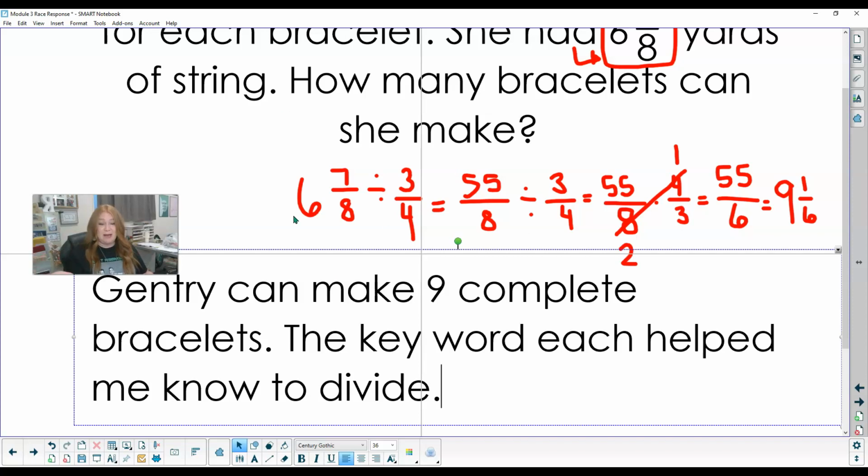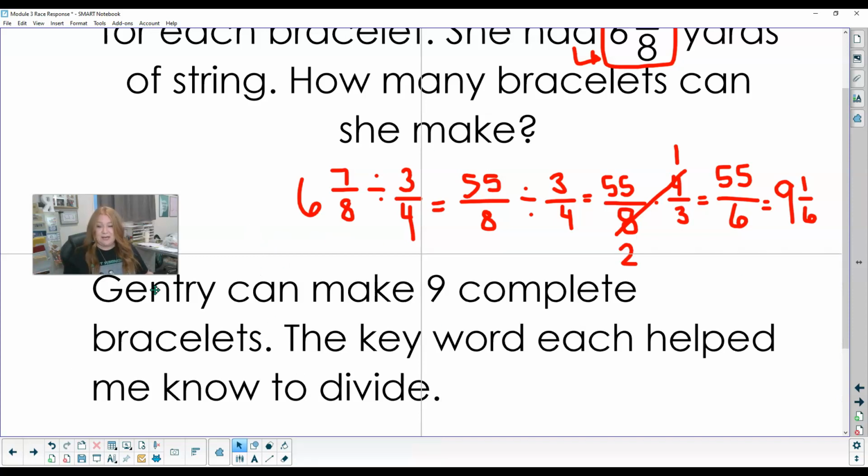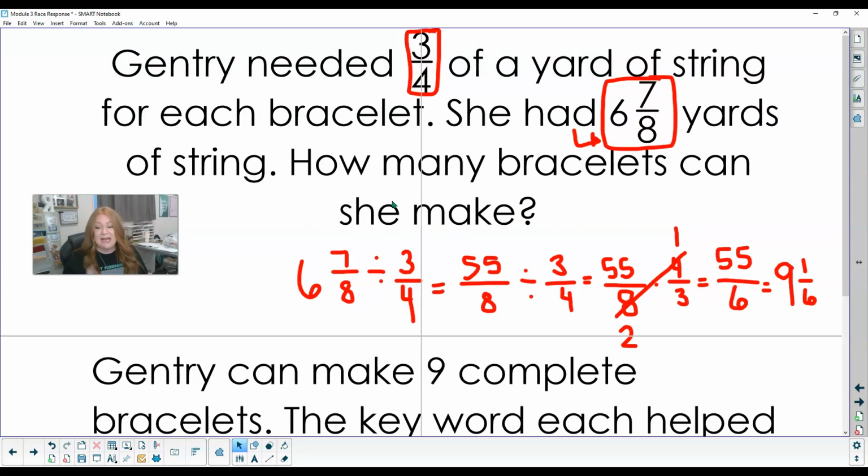You can see above, there is my work. I don't even need to say that. I can see that here. So here is my restate, my answer, my citing, and my evidence. Oh, look, I have a perfect 4 fingers for the RACE response. R-A-C-E, RACE. Okay, so now you're going to go ahead and give one a try on your own.